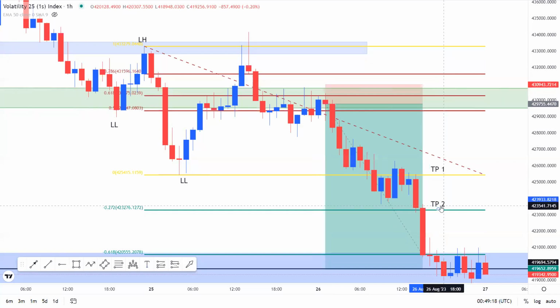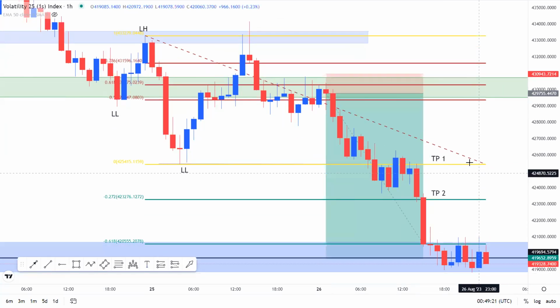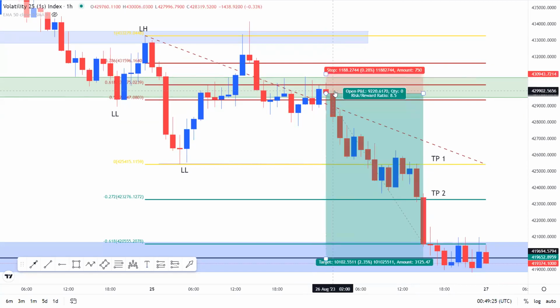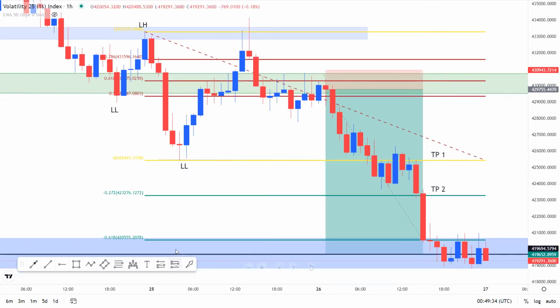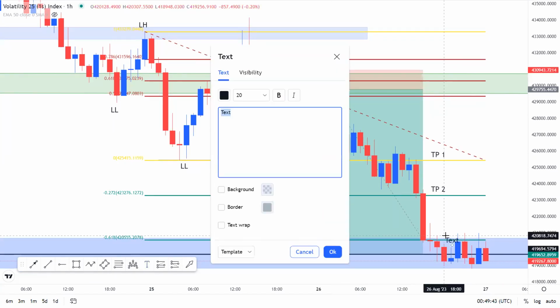And then, like I advise my students, my mentees actually, you can get in on multiple positions, three trade positions, and for each one of the different positions, you would set your take profit at each of these 3 levels. And lastly, the negative 61.8 would be your take profit 3 level.